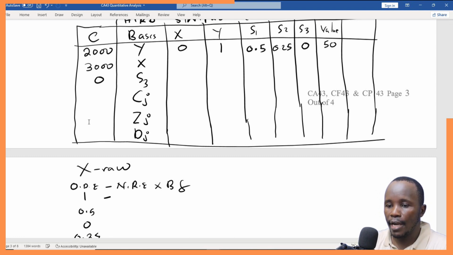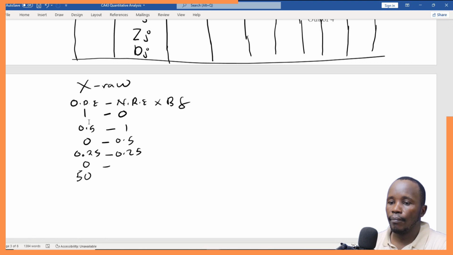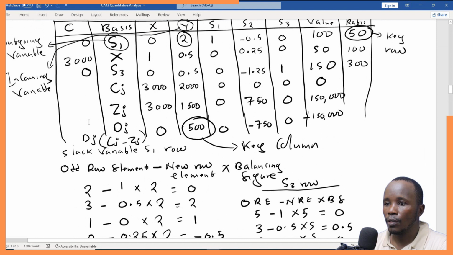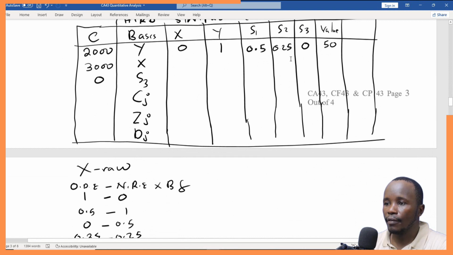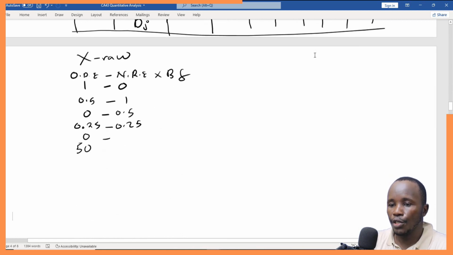Minus 0, minus 1, minus 0.5, then minus 0.25, minus 0.25, then minus 0.25, here minus 0.25, this is minus 0.25, minus 0 and 50. This is 0, 0 and 50.